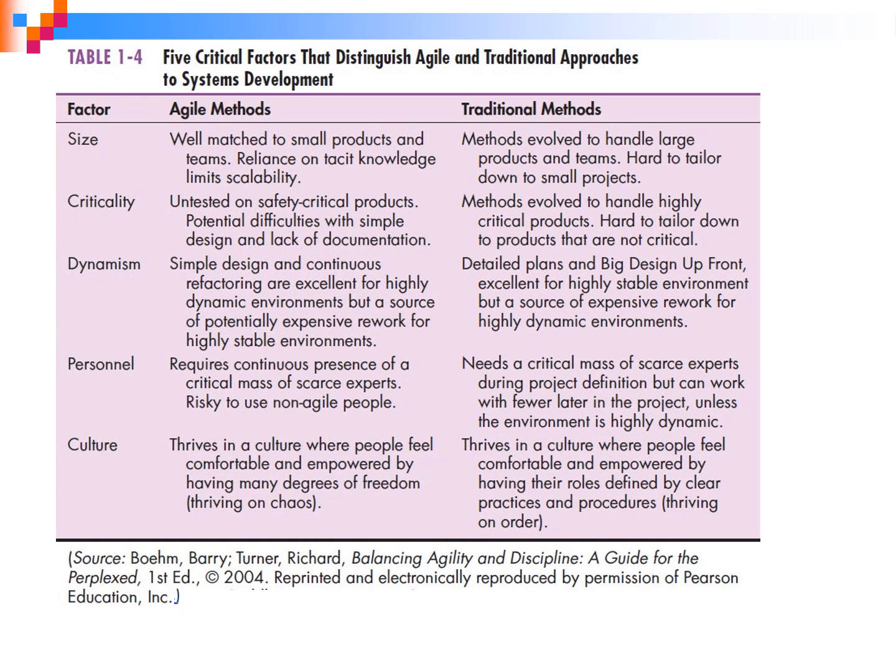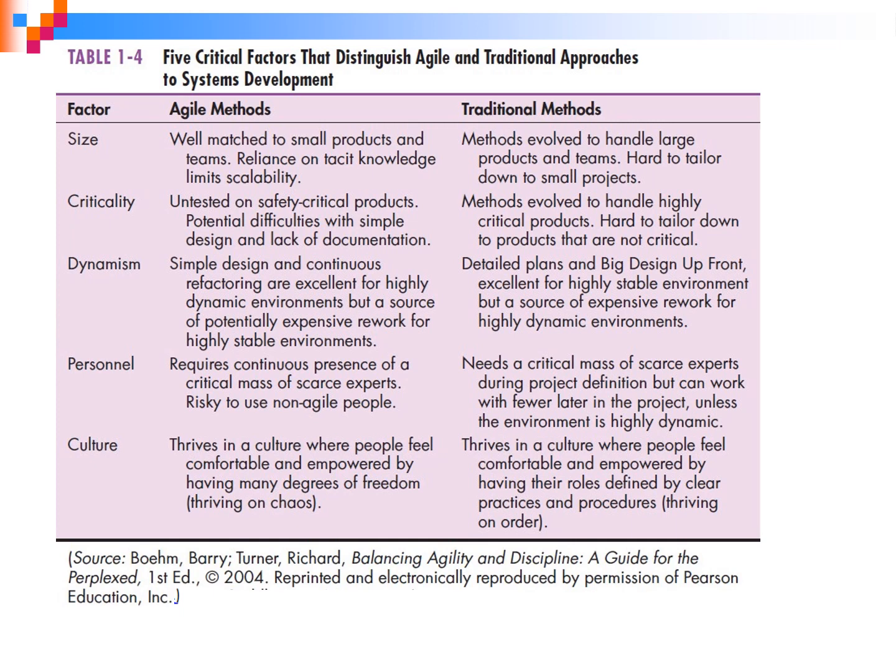Okay, so for criticality, sa agile method, untested on safety-critical products, potential difficulty with simple design and lack of documentation. While for the traditional methods, methods evolved to handle highly critical products, so hard to tailor down to products that are not critical.